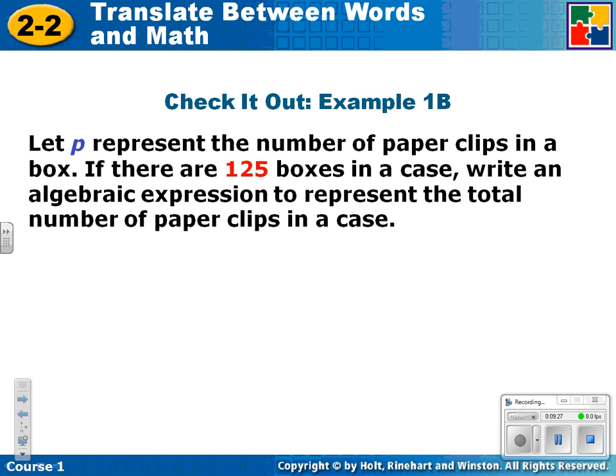It doesn't say how much more, does it? Or multiply. And actually, how much more would be subtraction. So we're going to multiply. P and 125. And I'm a pain. What do I want? 125P.